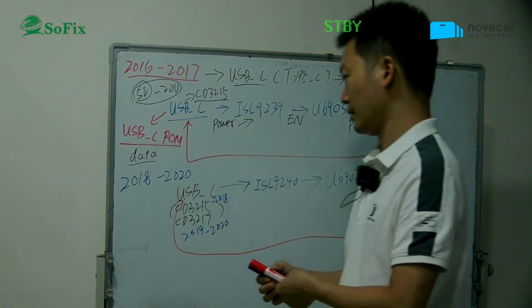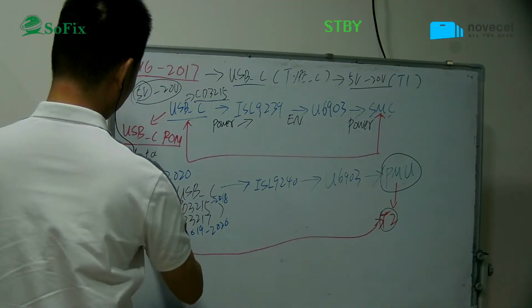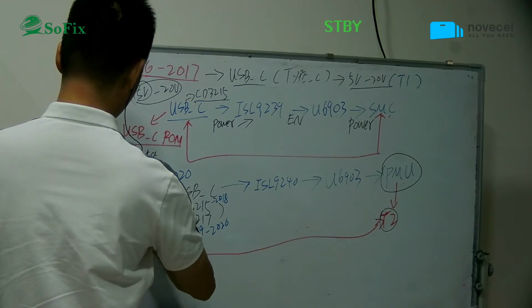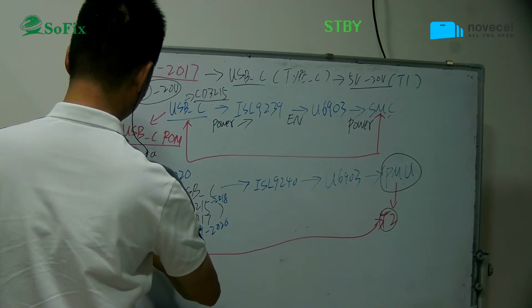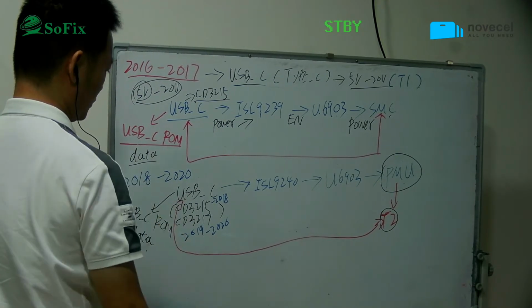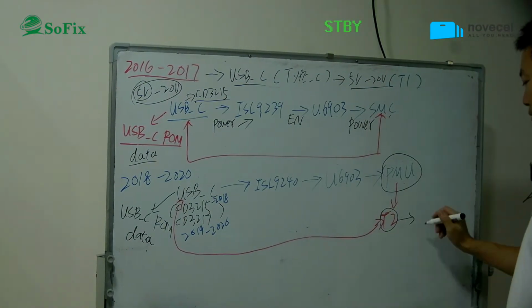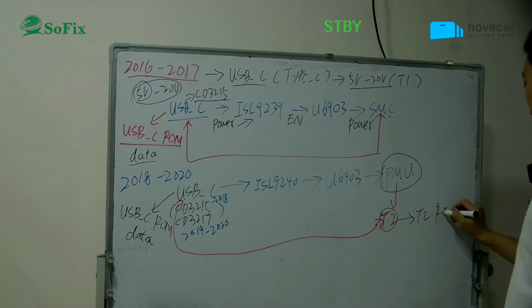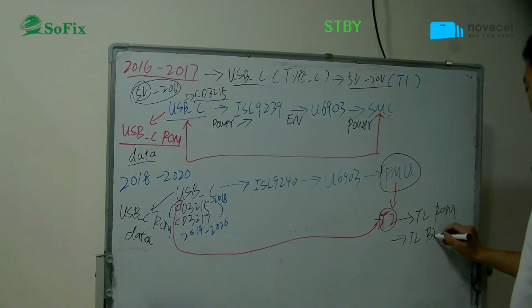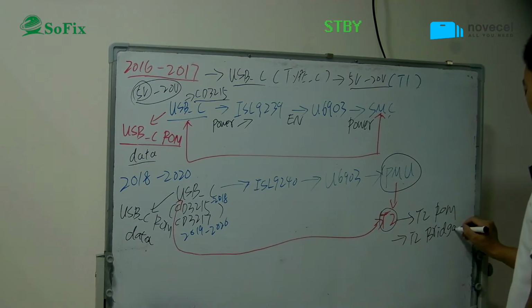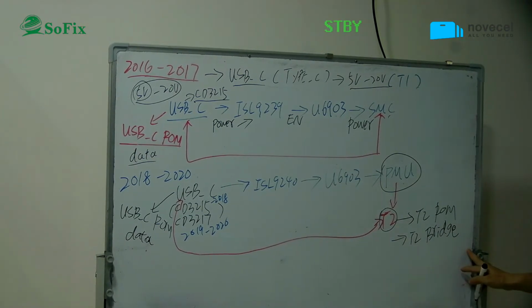So also the USB-C chip reads the USB-C ROM data. And the T2 model has the T2 ROM and the T2 bridge OS.